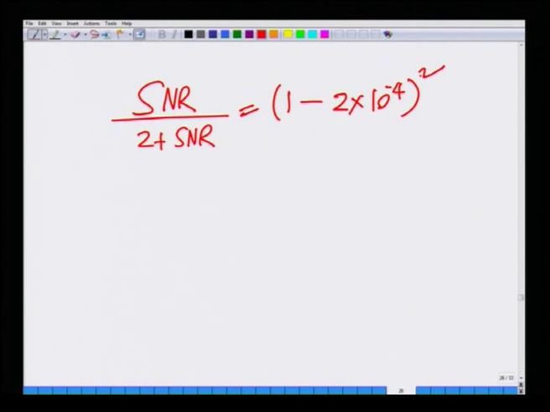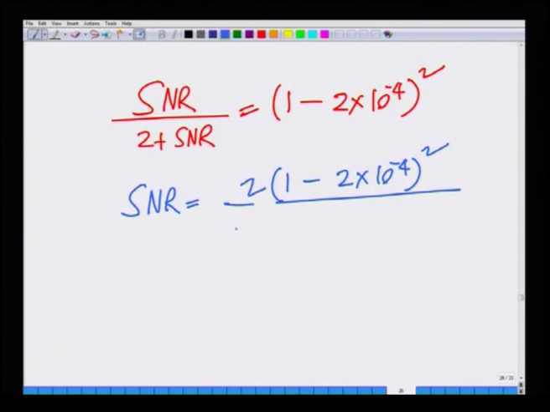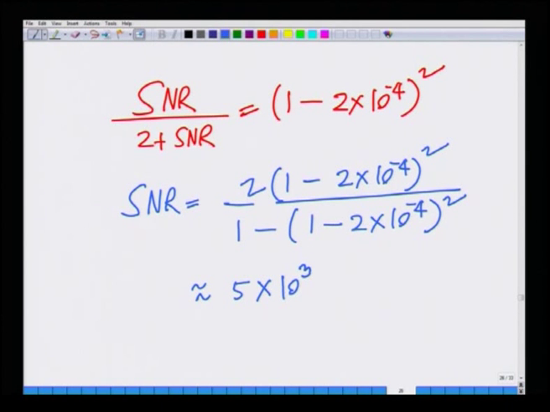Hence, the final expression for SNR is twice 1 minus 2 into 10 power minus 4 whole square divided by 1 minus 1 minus 2 into 10 power minus 4 whole square, which is approximately equal to 5 into 10 power 3.